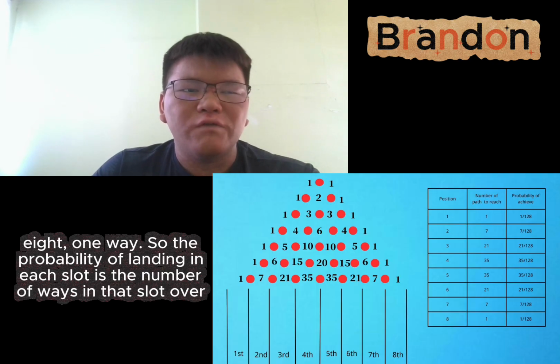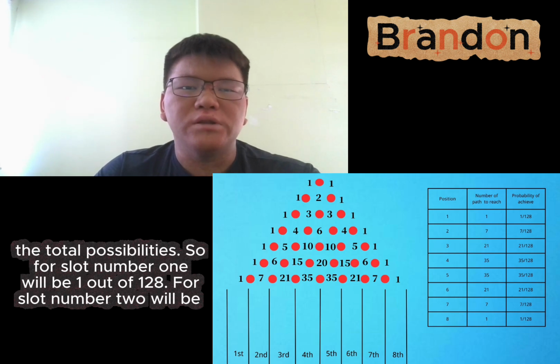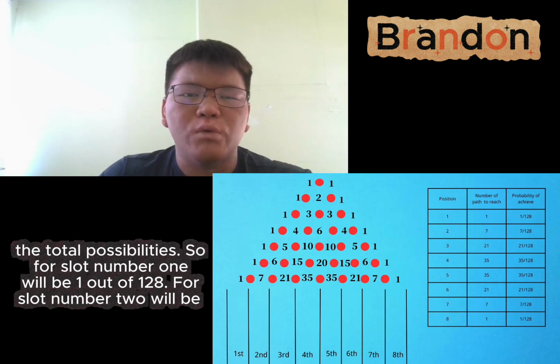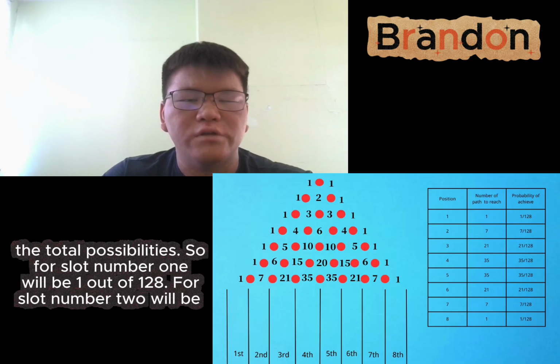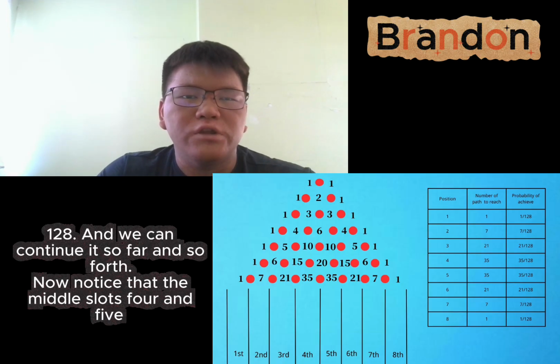So the probability of landing in each slot is the number of ways in that slot over the total possibilities. So for slot number 1 it will be 1 out of 128, for slot number 2 it will be 7 out of 128, slot number 3 will be 21 out of 128, and slot number 4 will be 35 out of 128. And we can continue so forth.